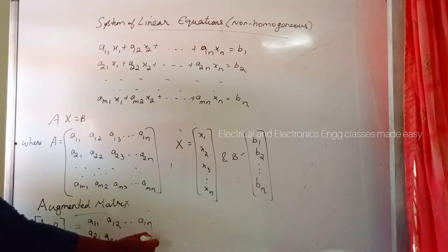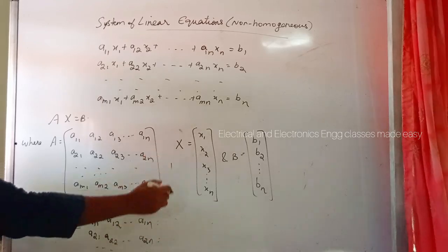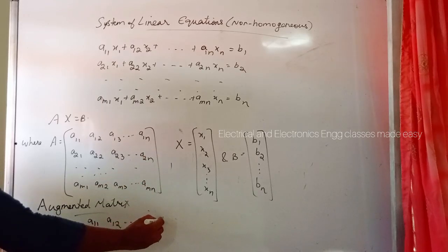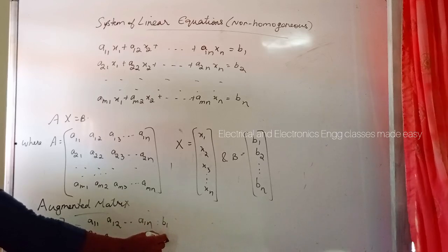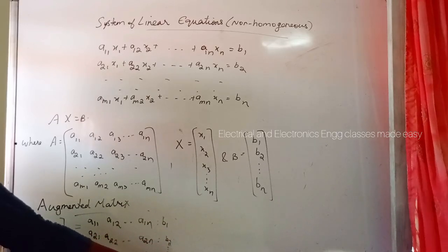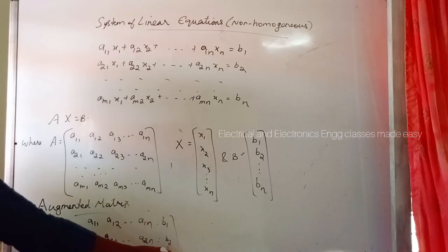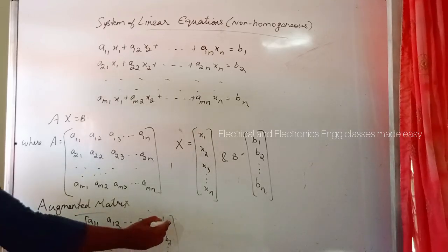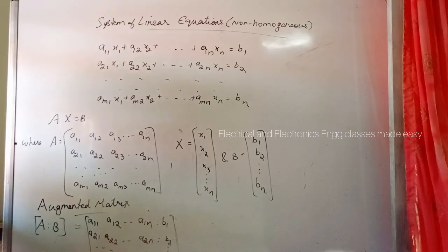Then here we have to put the column matrix B, that is b1, b2, etc., bm. So this is the augmented matrix AB.